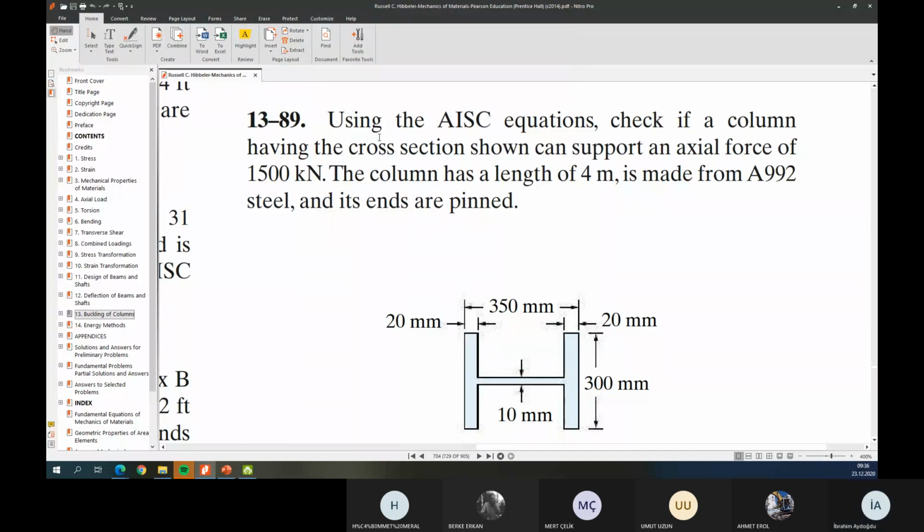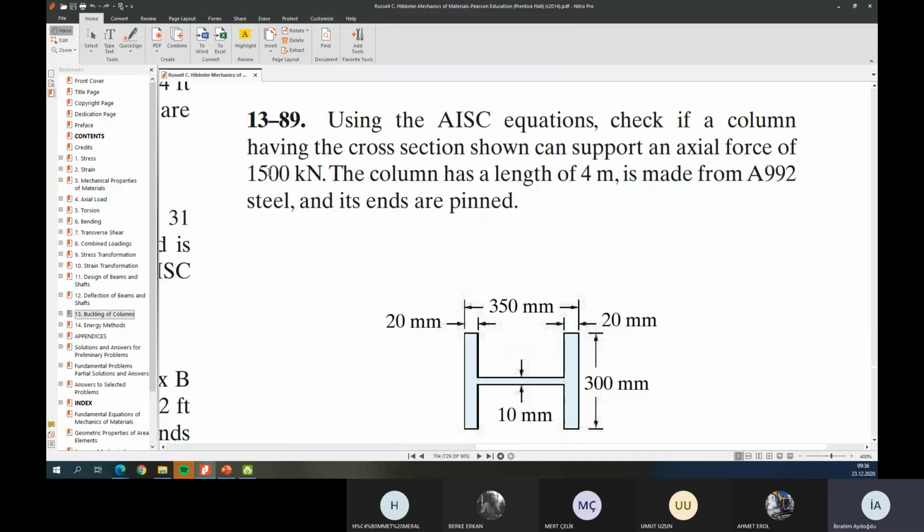Where is the question? Using American, check. We will check if it can carry this load or not. We will check the criteria.